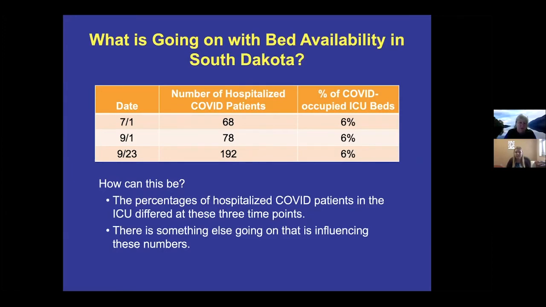There's a couple ways that you can see this. One is that the percentage of hospitalized patients who are in the ICU may be different at these three points. And I was only tracking ICU beds, nothing else. They also have hospital beds and ventilators on the dashboard. But then I thought, is there something else that's influencing these numbers?